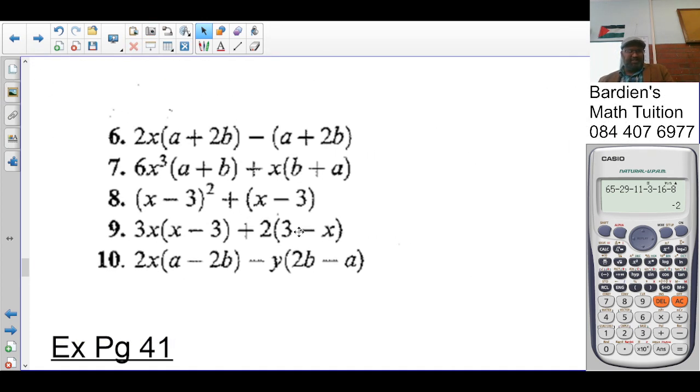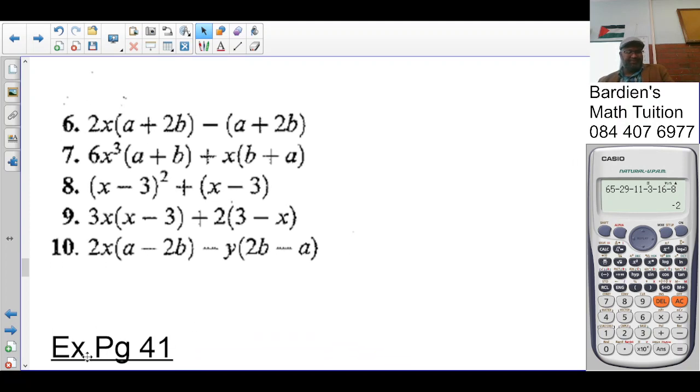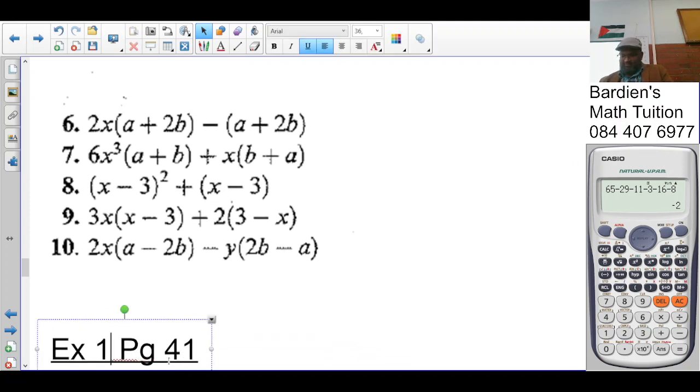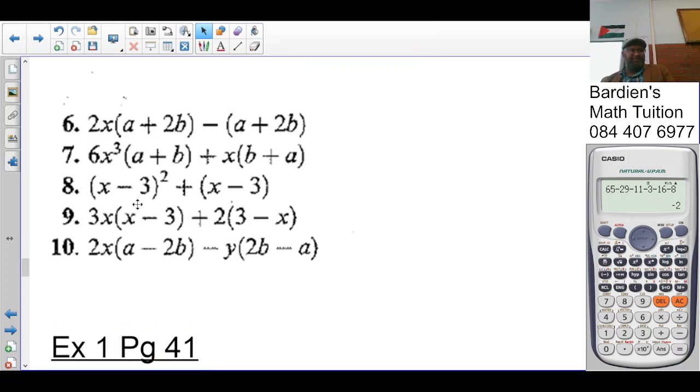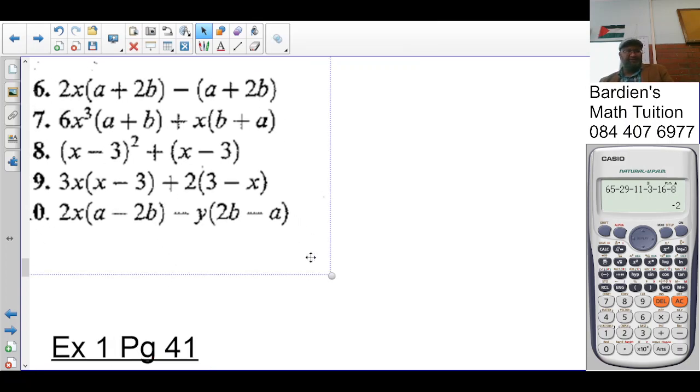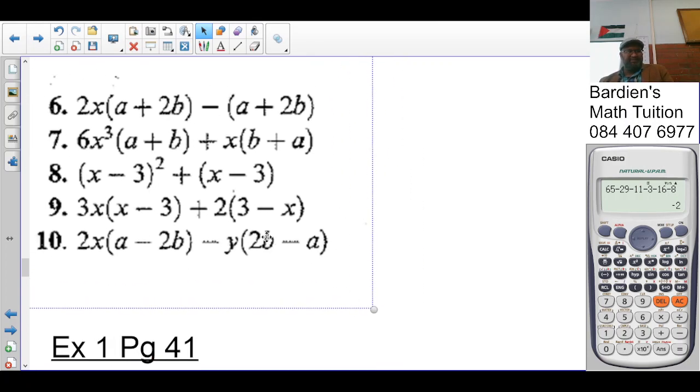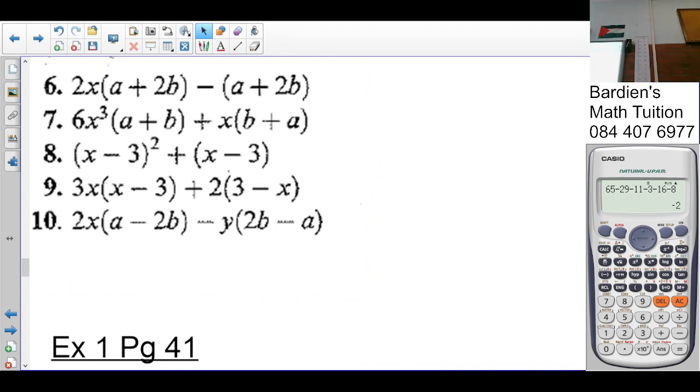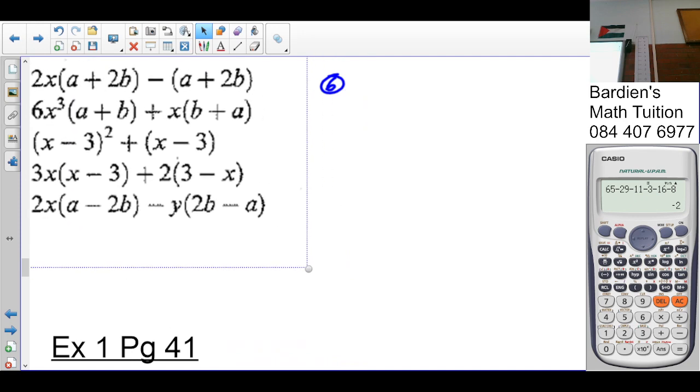Let's look at number 6. This is exercise 1 on page 41. Right, let's look at number 6. What can be done here? Bigger is not always better, no?